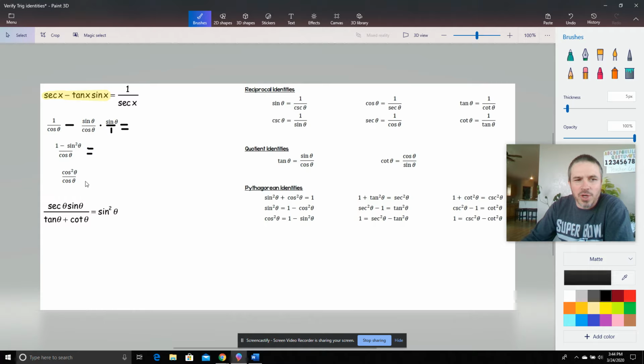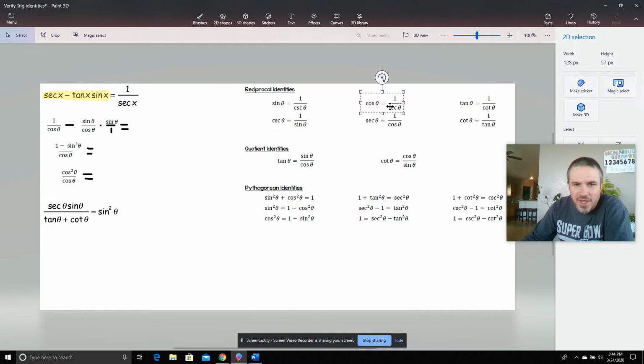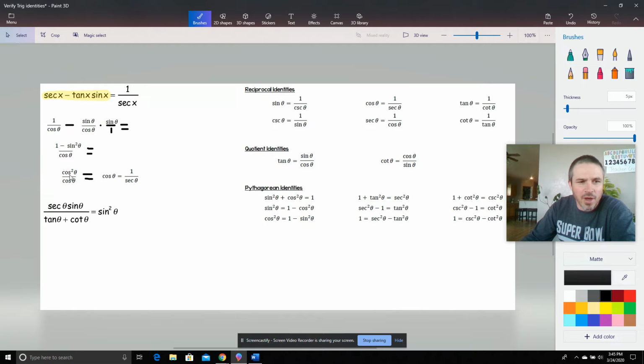So what we're going to have this equal to is just straight up cosine. And we know that cosine is 1 over secant of theta. So our last step here is to recognize that this fraction right here would end up being cosine. So there it is. Cosine is this other side.